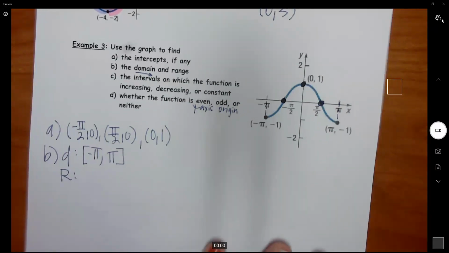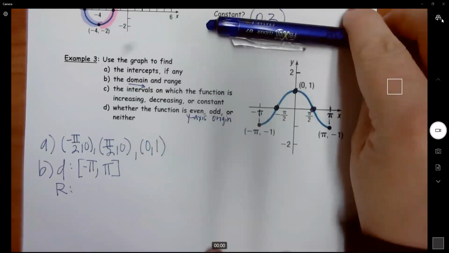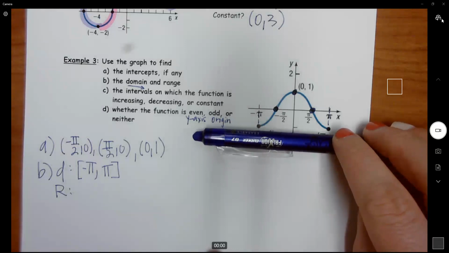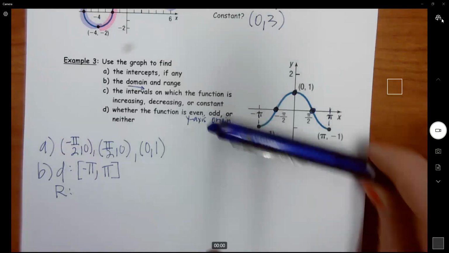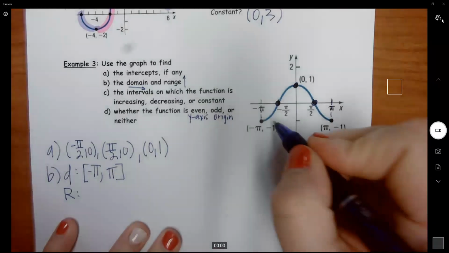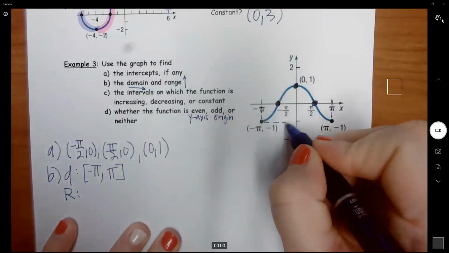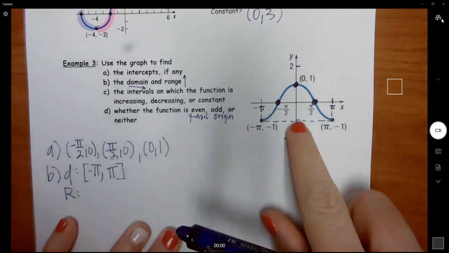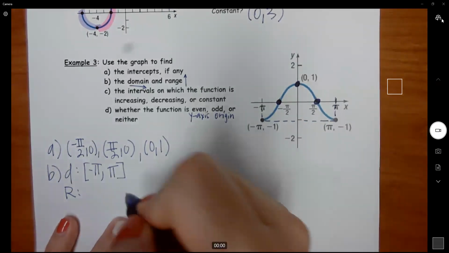My range then, go from the bottom to the top. My graph starts right here with my y's. And whichever one you go with, since they're constant, they're both right here at -1.